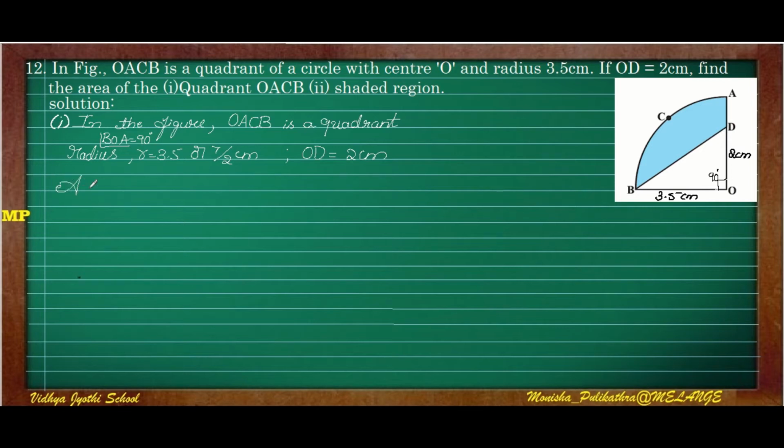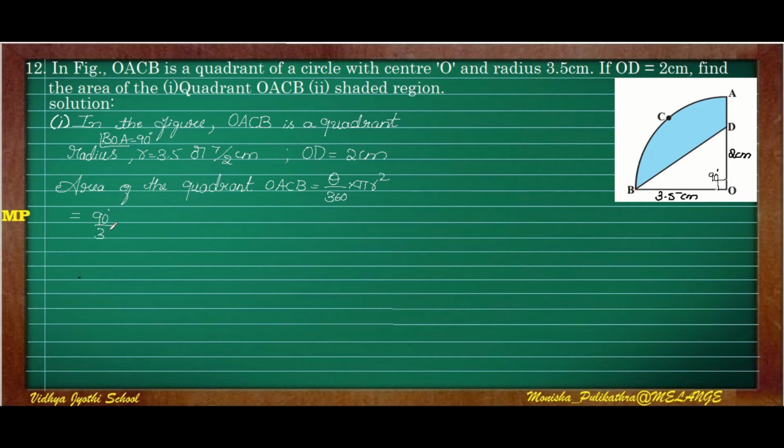First we have to find out the area of the quadrant. Area of the quadrant OACB is equal to theta by 360 into pi r square. Theta here is 90 degree.